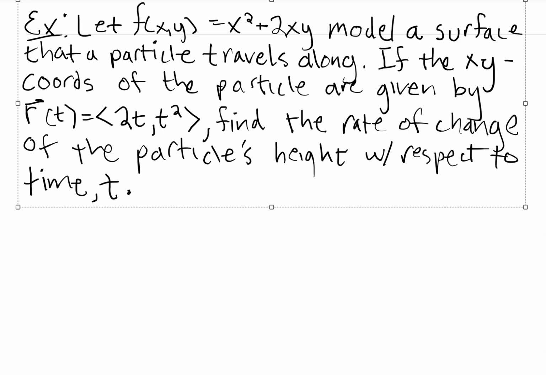So this surface that you're graphing could be a very simplified mountain to hike up, and the particle is your hiker. In my xy coordinates, if the xy coordinates of my particle are given by this r of t function, where I'm specifying my longitude and my latitude, what I want to do is find the rate of change of the particle's height with respect to time. So there I'm just asking for something to tell me how steep I am at a given time.